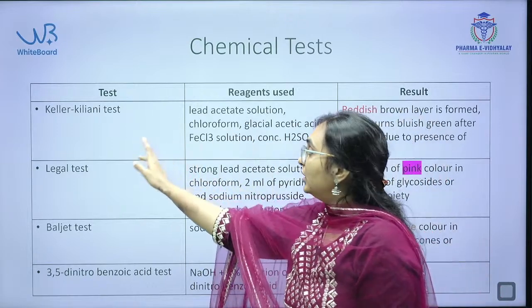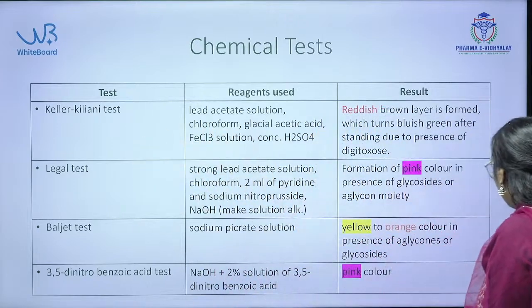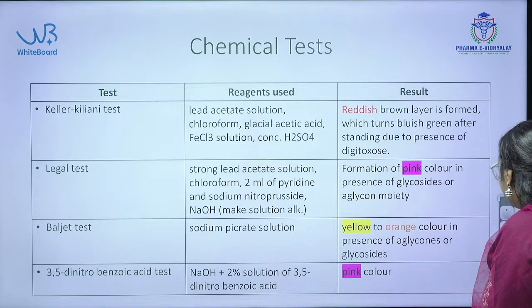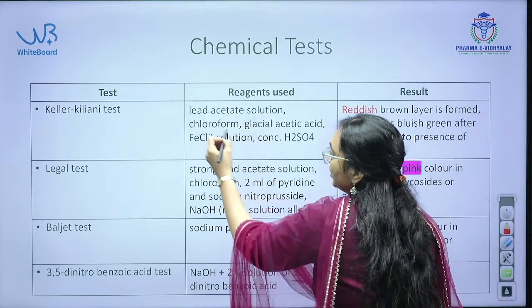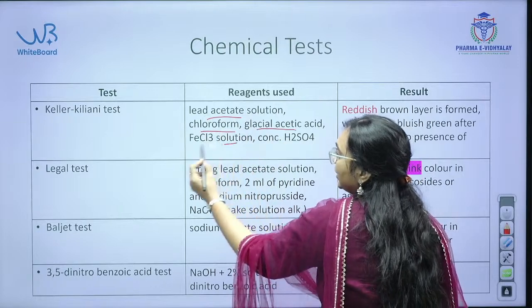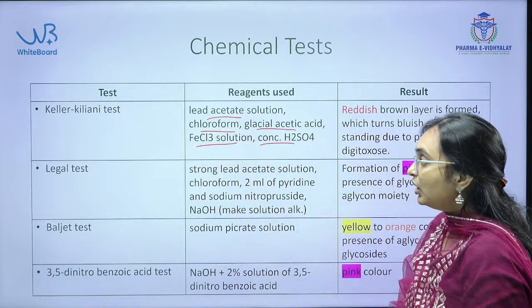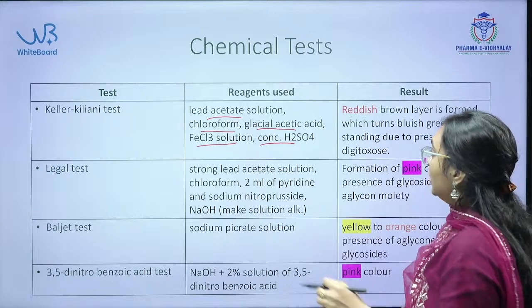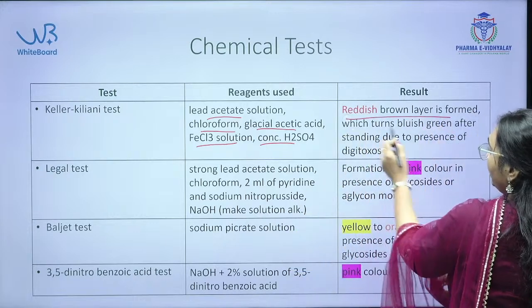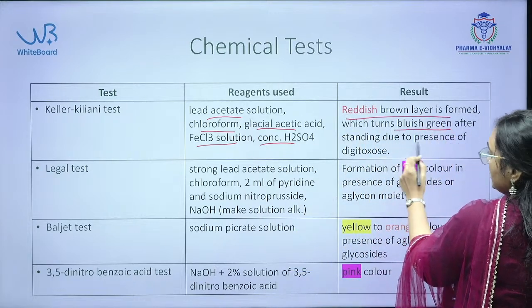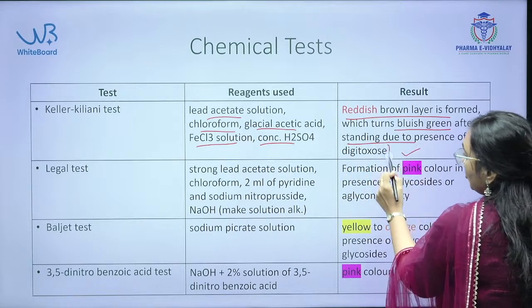In the Keller-Killiani test, lead acetate solution and chloroform are commonly used. So, lead acetate solution, chloroform, glacial acetic acid, iron chloride, concentrated H2SO4. In the Keller-Killiani test, a reddish brown layer is formed which turns blue green after standing, due to the presence of digitoxose.